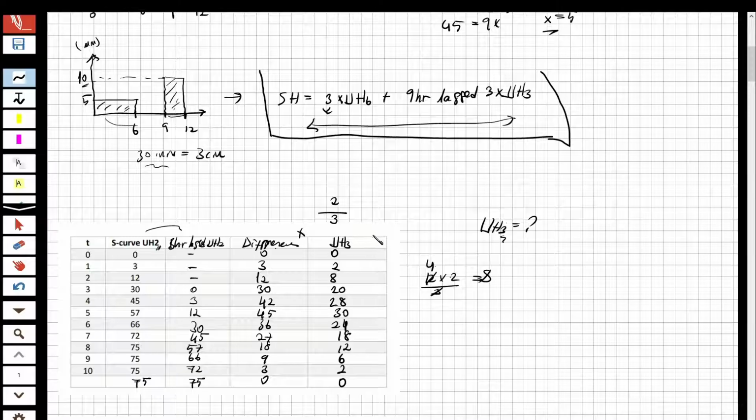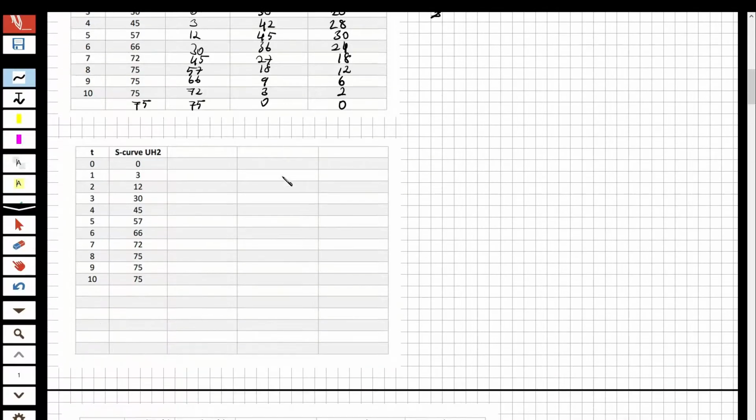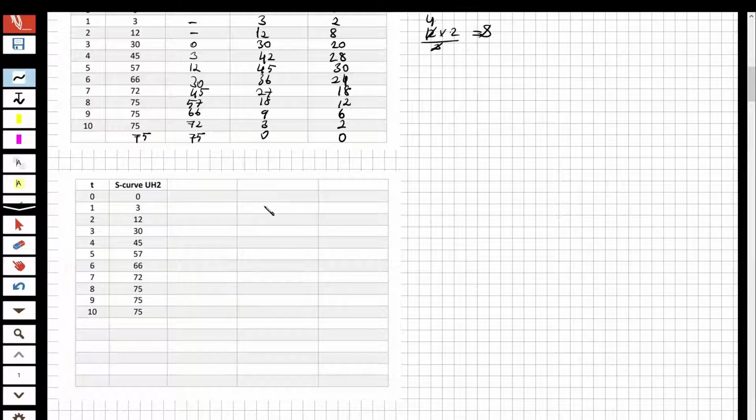Now we obtain the unit hydrograph for 3 hours, so let's do it for the 6 hours, and then we are going to take the summation of them. For 6 hours, again, I'm going to use the same S-curve, unit hydrograph 2. But now I'm going to obtain the unit hydrograph for 6 hours. So how is it going to be? I am going to lag 6 hours.